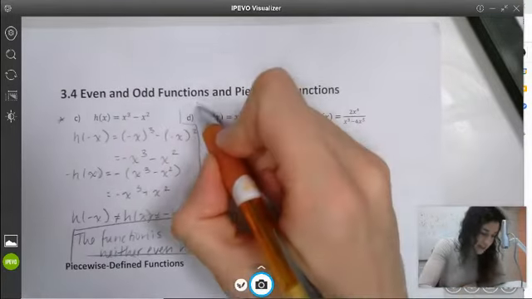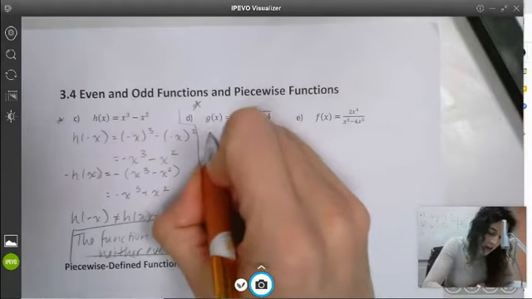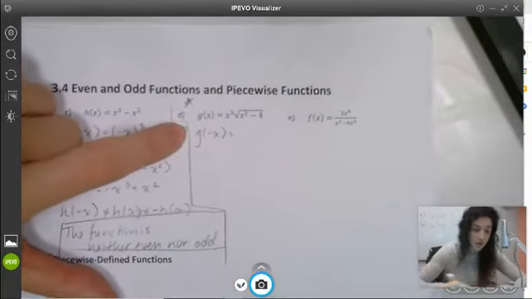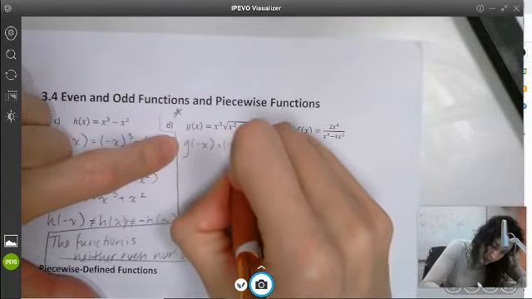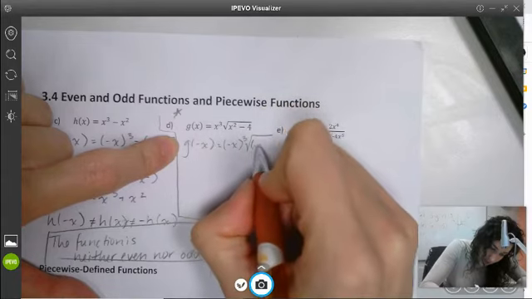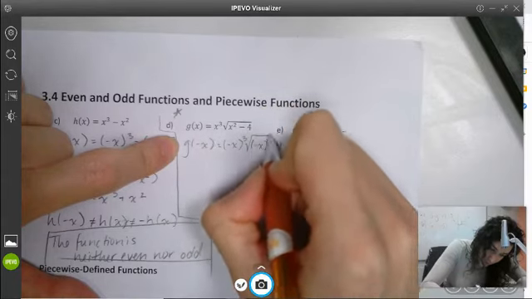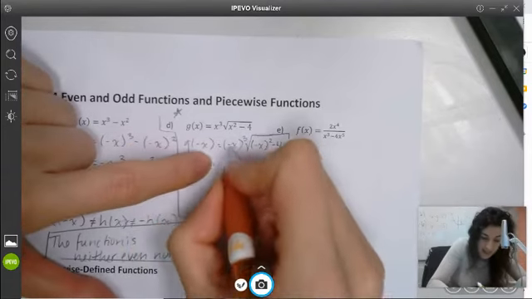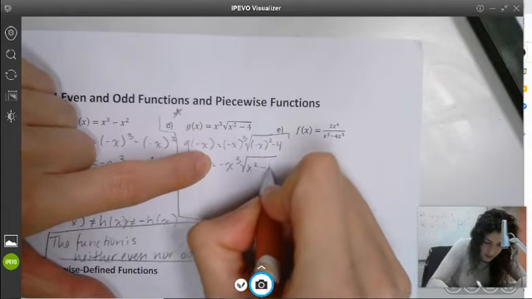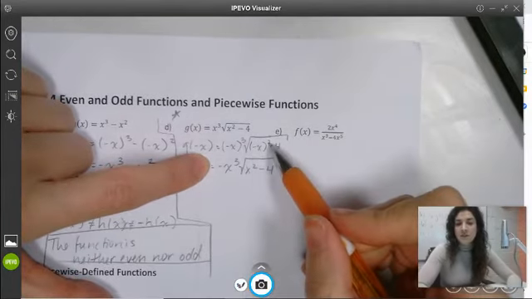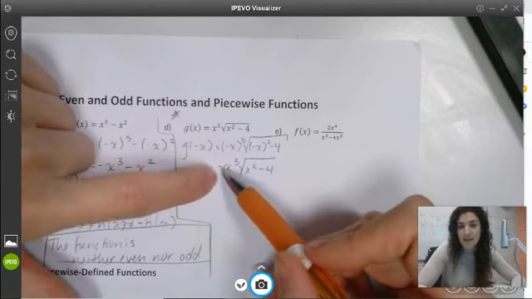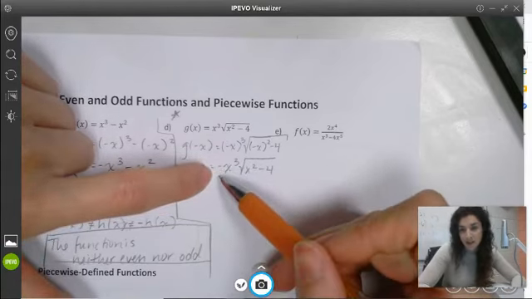Okay, I would like for you to go ahead and try this next guy on your own. Our first step is to always plug in negative x for our function. I've got an x cubed at the front, and then I've got an x squared minus 4 inside parentheses. Simplifying that down, I've got negative x cubed, the square root of x squared minus 4. That negative gets canceled out because of the squared. And so I'll notice that everything inside the radical stayed the same, but now we've just got a negative right out here at the front.